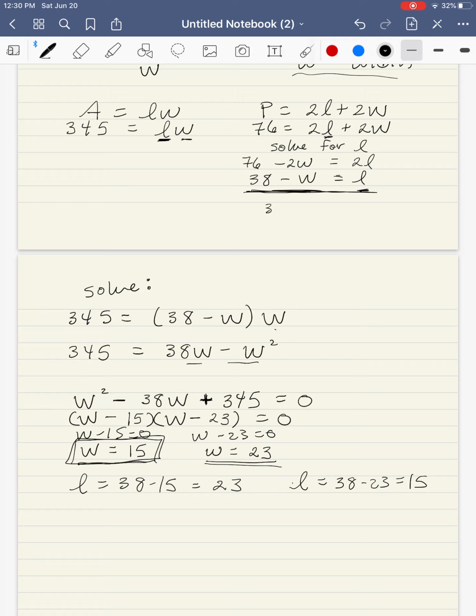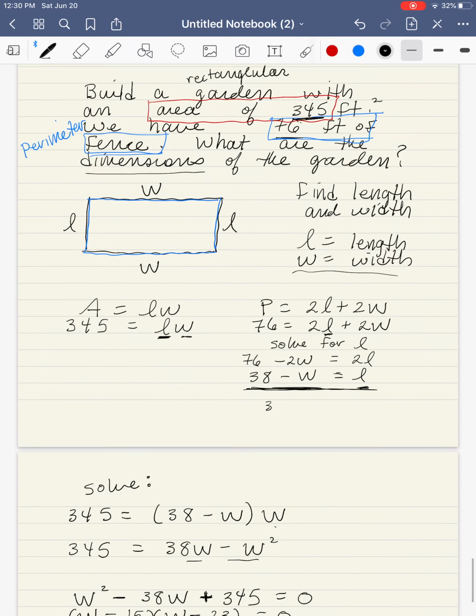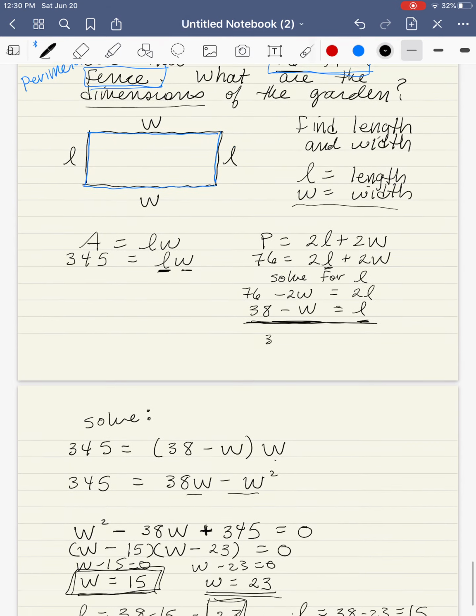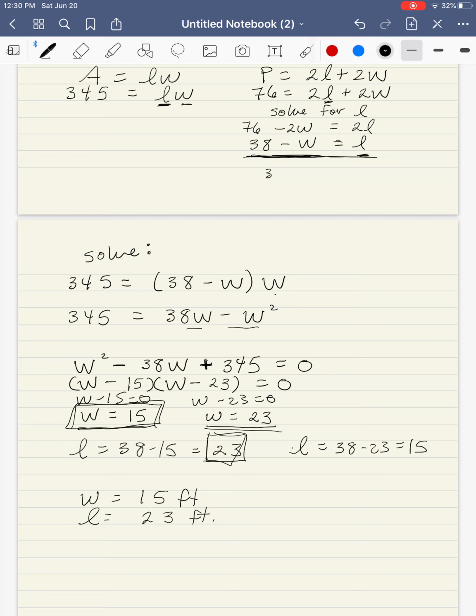So I actually ended up with both of my solutions here, but I can choose one of them, W equals 15, and then that tells me length equals 23. So W equals 15 feet, and length equals 23 feet. And based on my picture, actually, I probably should have chosen the other way around for the size of the edges, but it doesn't matter. You can use either one.